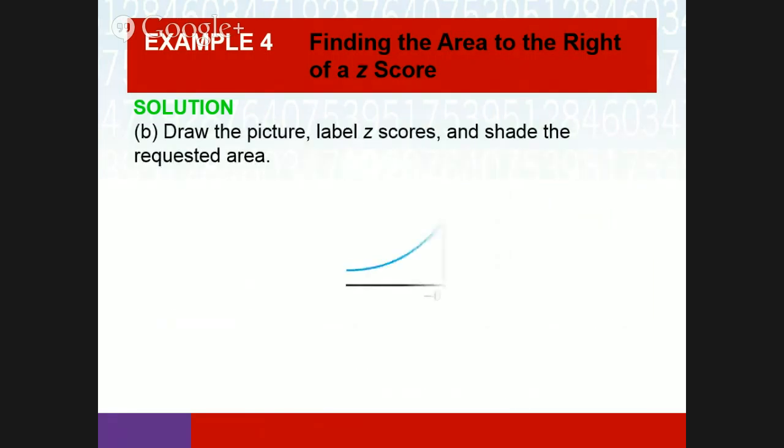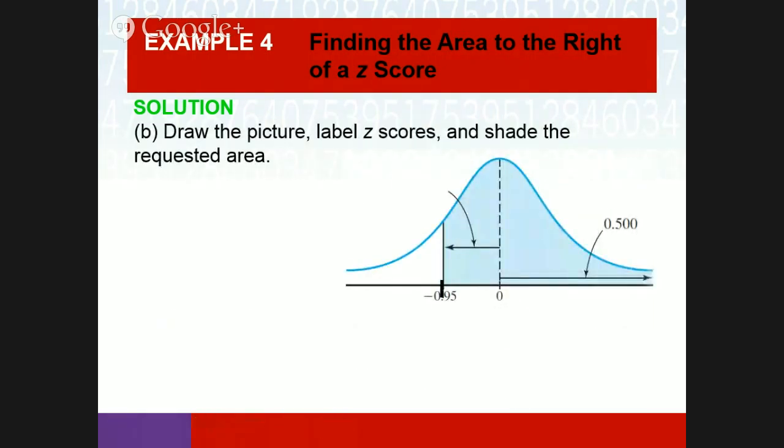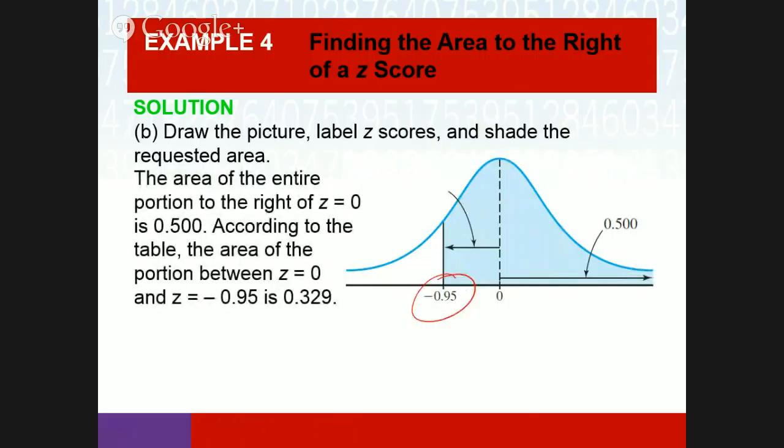So let's look at B. B is negative. I'm still looking for the area to the right. I know this to be 0.5.